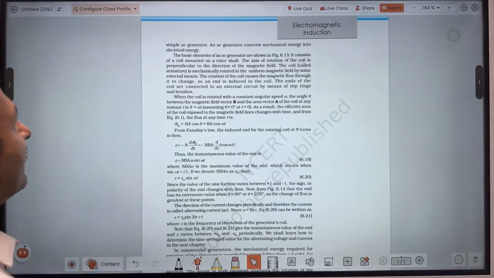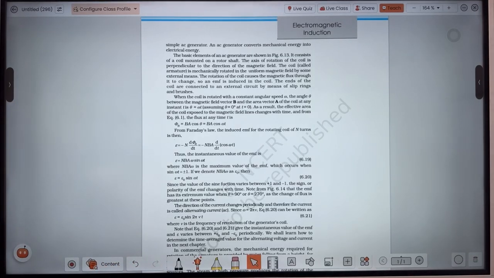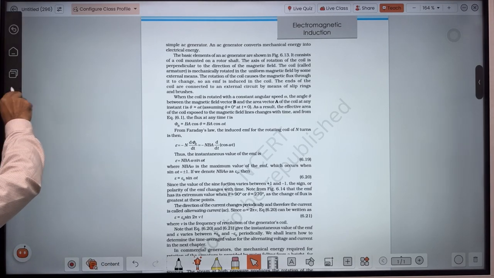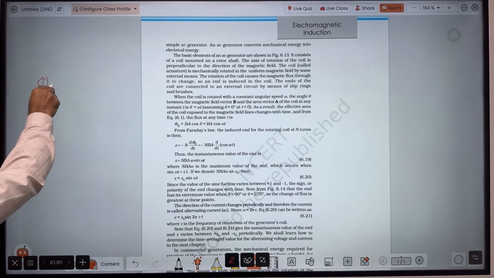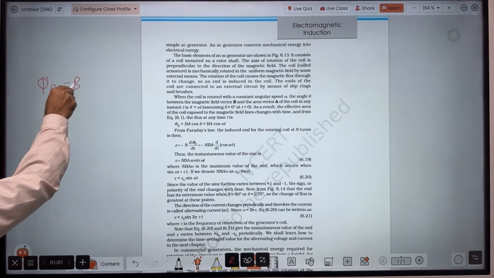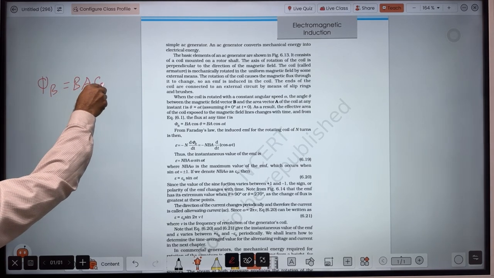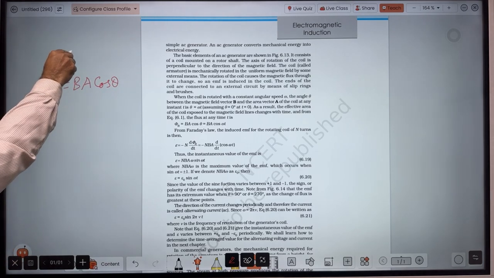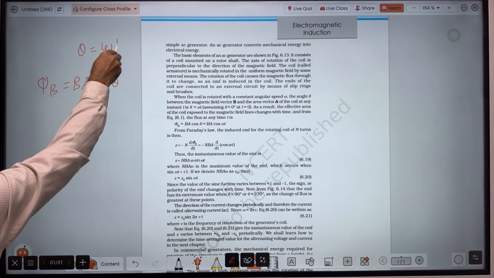Now our main concern is to get the expression of the induced EMF. So flux phi B equal to B A cos theta, right? And theta is omega t.